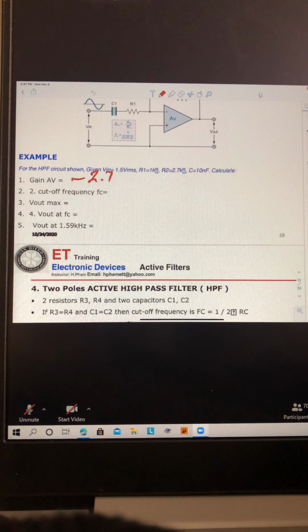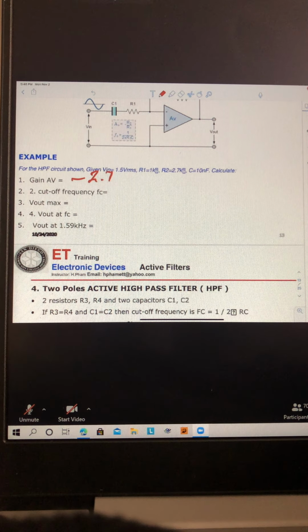Then you have to know the gain. You don't have to prove it, but you have to memorize. For the inverting, the gain is minus RF over R1. For the non-inverting, it is 1 plus RF over R1. That is what you must memorize. I cannot help you out.